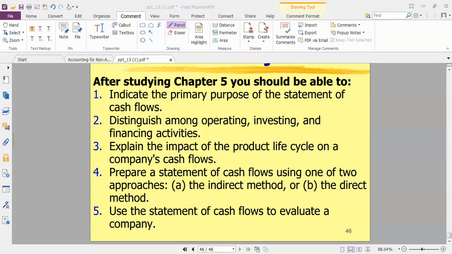Okay, for this semester, what is the assessment? We have 13 chapters overall.